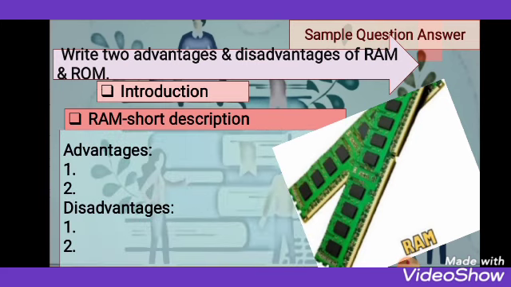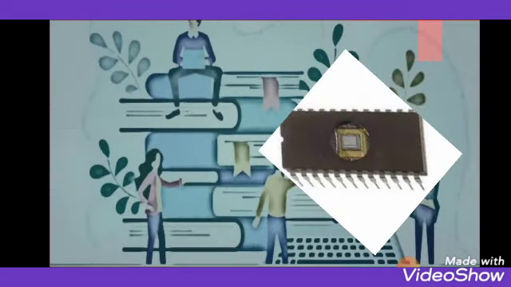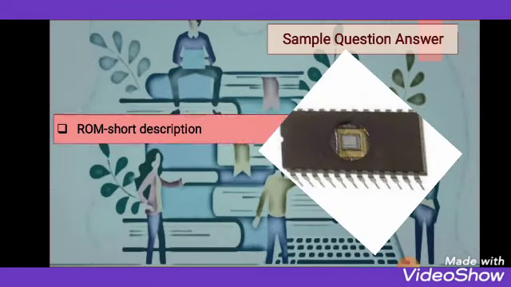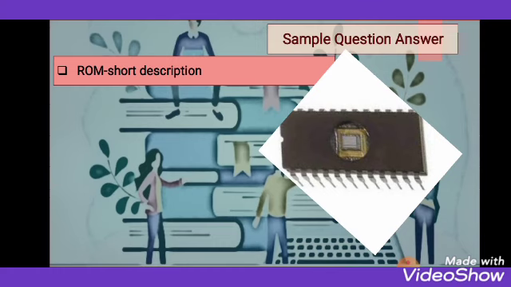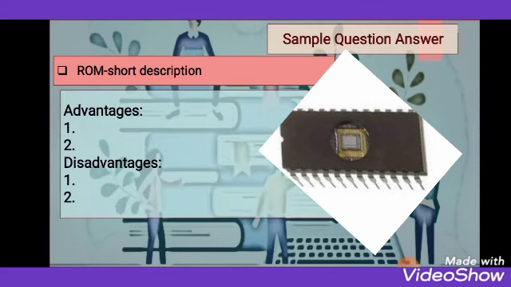Then you will write two advantages. First you will write advantages, one advantage, second advantage. Similarly, first disadvantage, second disadvantage. And in case of ROM, similarly, write a short note on ROM, what type of memory this is, and thereafter you will write the advantages point-wise.